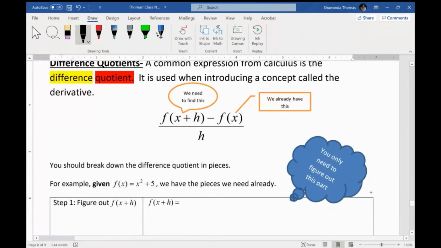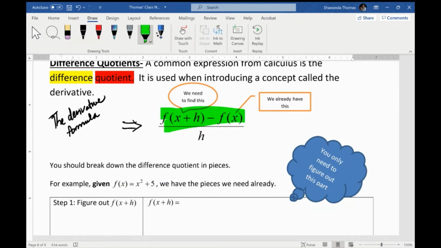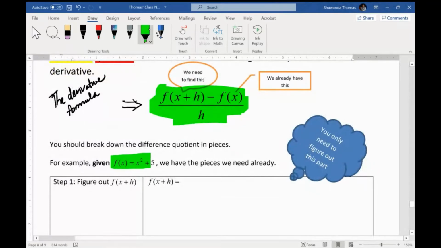The derivative looks like this. This is the derivative formula, I guess you could call it. I would probably give you this on the test, f of x plus h minus f of x over h. And then I would give you what f of x equals right here.